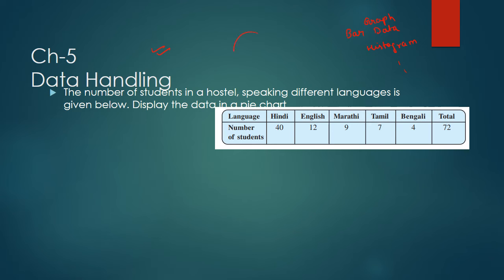A pie chart is basically a circle, and you know the complete circle forms a 360-degree angle. So just like we have marks, how much marks have you got out of 10? Let's say 9. 9 out of 10, right? Similarly, let's say you have a pizza in circular shape.